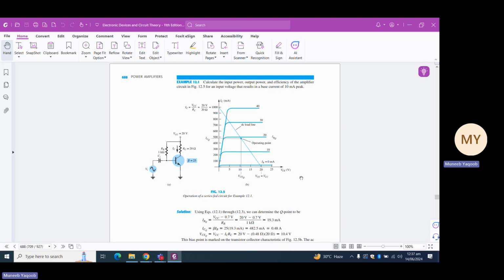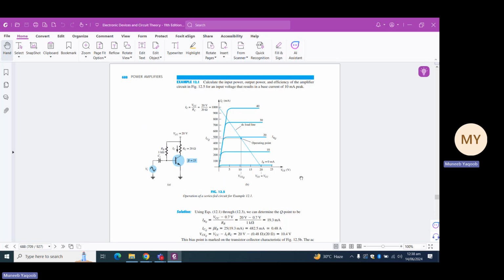Now take an example. In example 12.1, they are saying calculate the input power, the output power, and the efficiency of the amplifier using figure 12.5 for the input voltage that results in a base current of 10 milliampere.